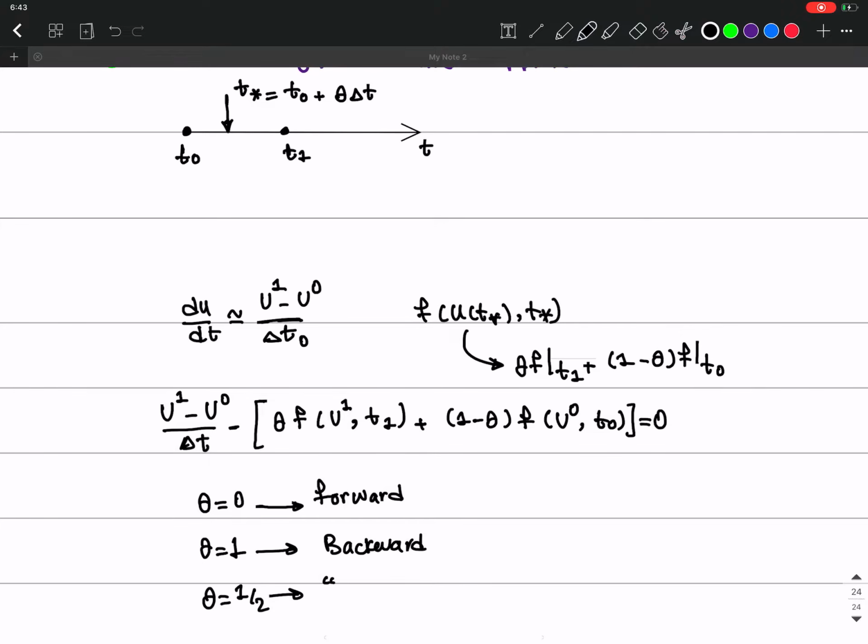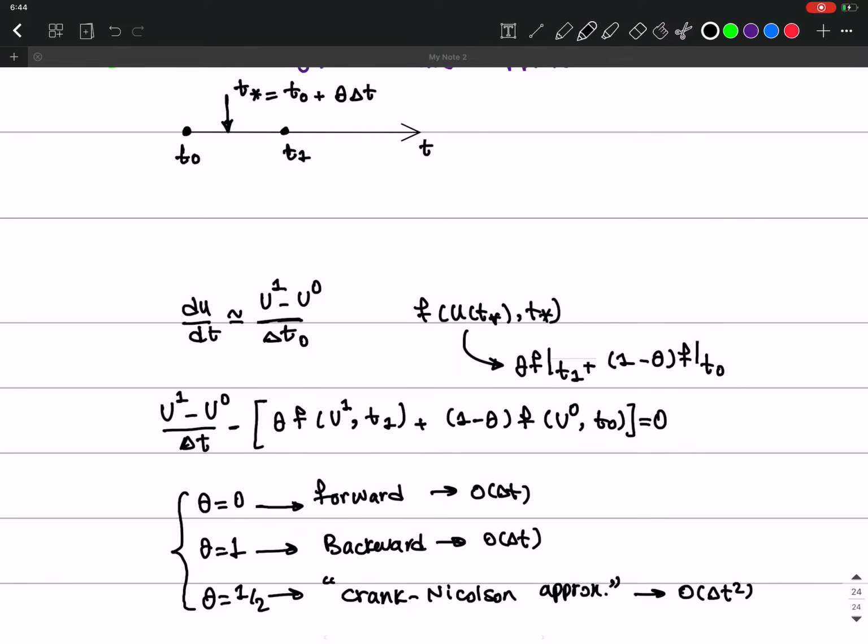And for theta equals to 1/2, we call it Crank-Nicolson approximation. So this one is going to be order delta t squared. So these are order delta t, order delta t, but the last one is going to be order delta t squared.